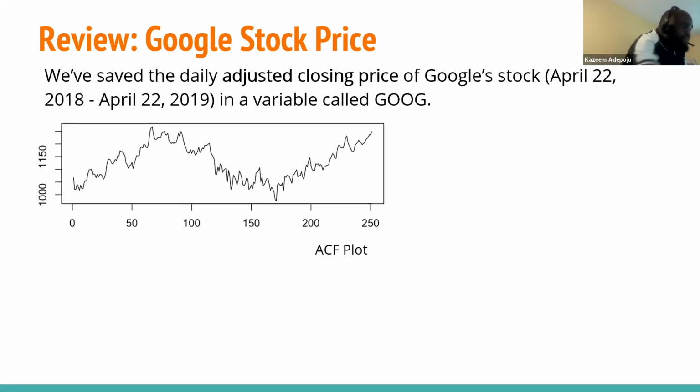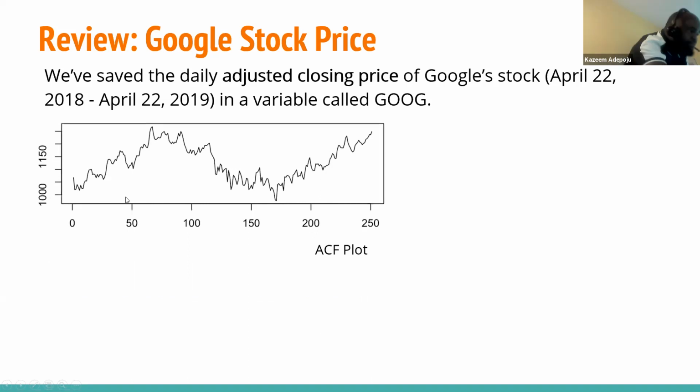If you look at the first one here, this is a time series plot. I showed you that yesterday. This is expected because we're talking about the Google stock price, so there's going to be a lot of volatility, coming up, going down, and so on.